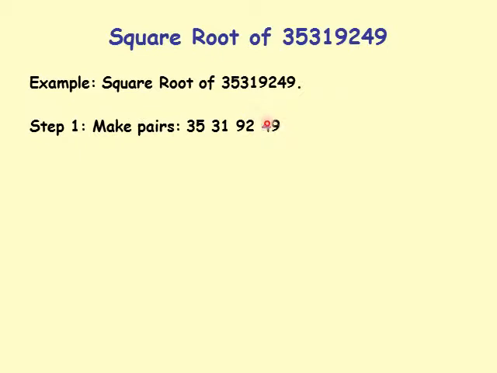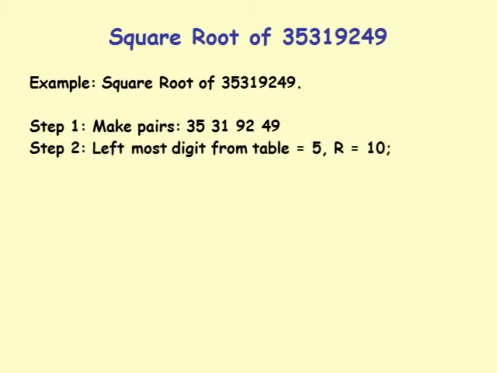So we get 4 pairs: 35, 31, 92 and 49. The leftmost digit comes from the table of squares and from 35. From that table, 5 is the leftmost digit of the square root. We only used 25 of the 35 and so the remainder is 10.